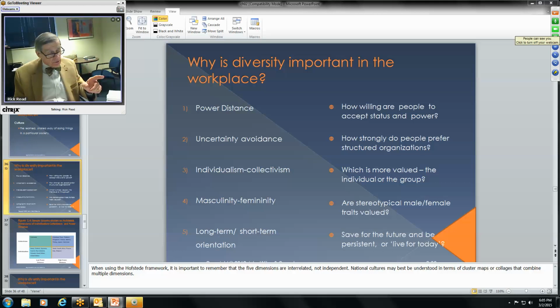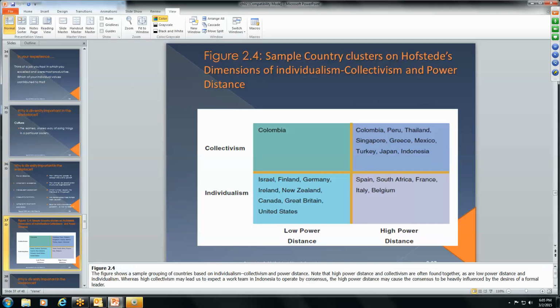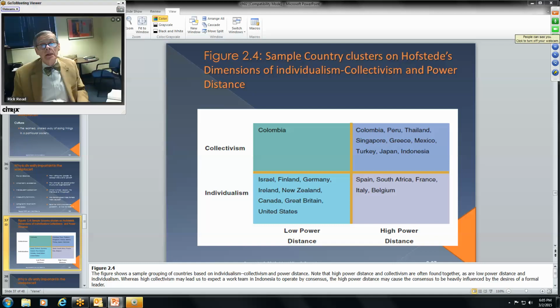Now you can look at the bottom of page 41, figure 2.4, which gives a representative sample of collectivism and individualism, low power distance and high power distance. You can see where the United States is. Figure 2.4 at the bottom of page 41.